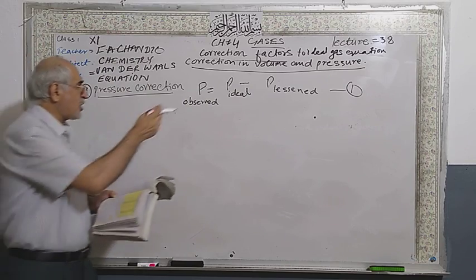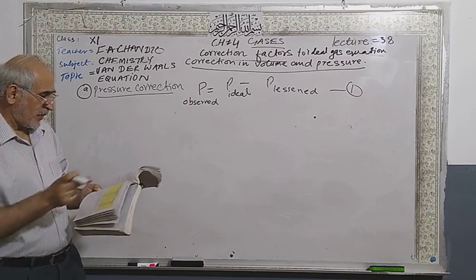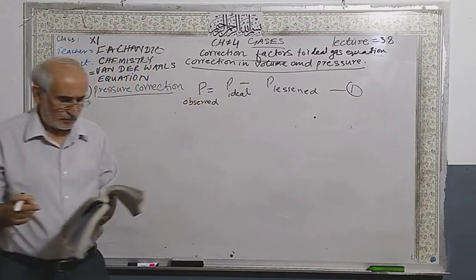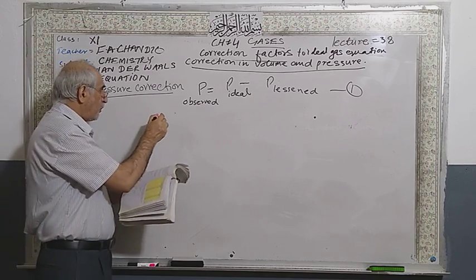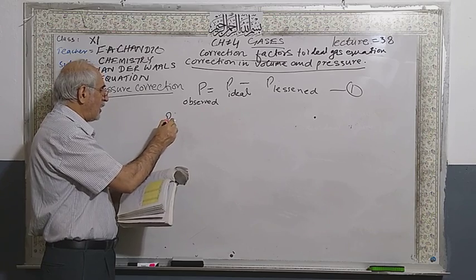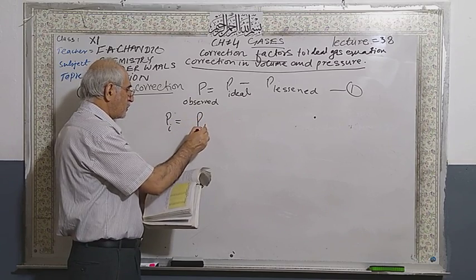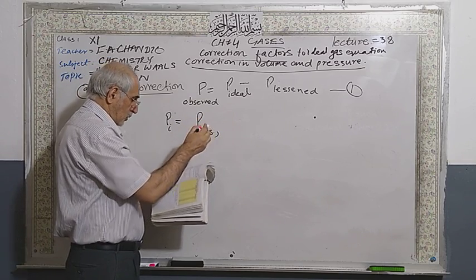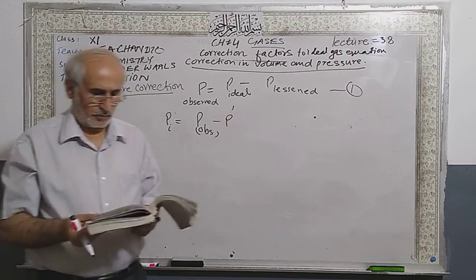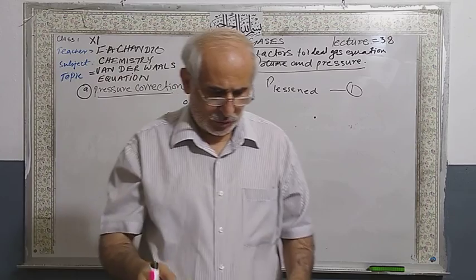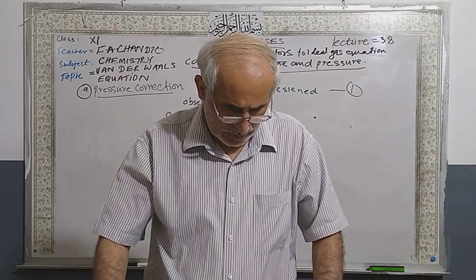If the ideal pressure is denoted by P ideal and the lessened pressure is denoted by P dash, then the pressure ideal will be equal to pressure observed plus pressure lessened, where the pressure lessened due to the molecular attraction is denoted by P dash.